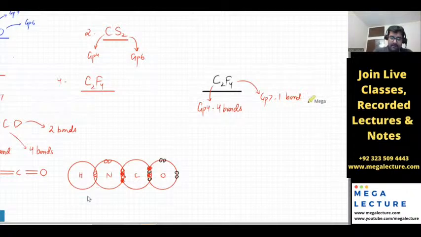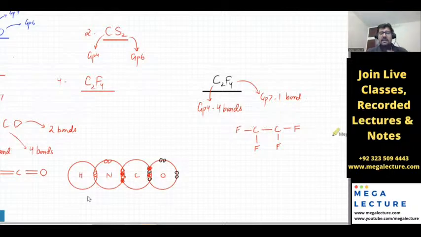Directly, don't draw dot and cross. So I've got 2 carbons. Each carbon should make 4 bonds, and I've got 4 fluorines. So if I put 2 over here, अच्छा, fluorine एक ही बनाना है, so fluorine's bonds are complete. I'm going to put 2 fluorines over here.